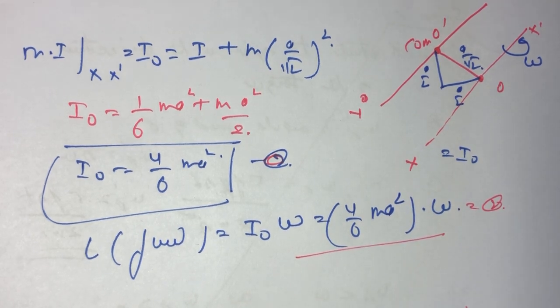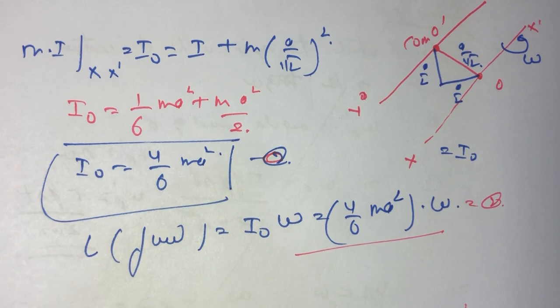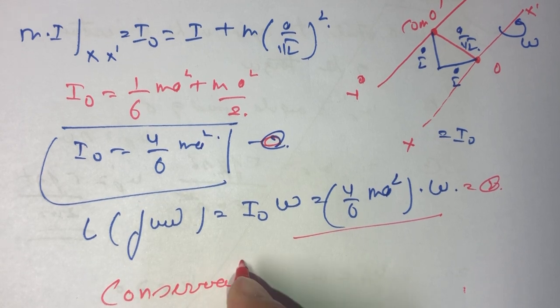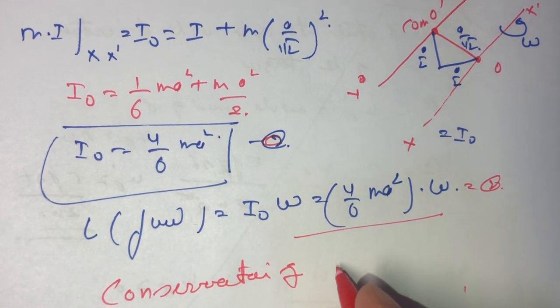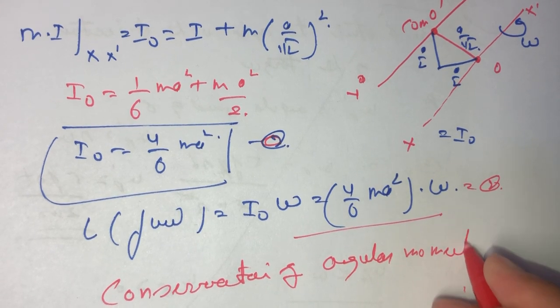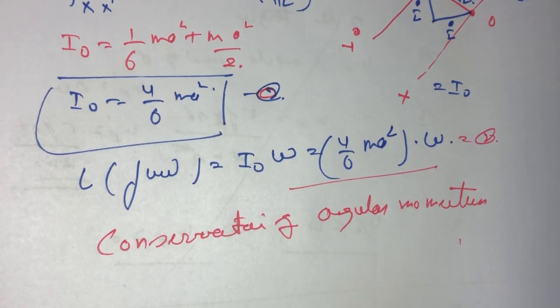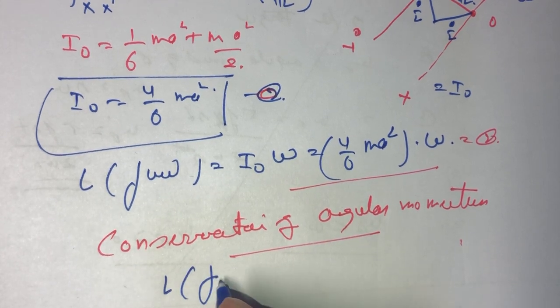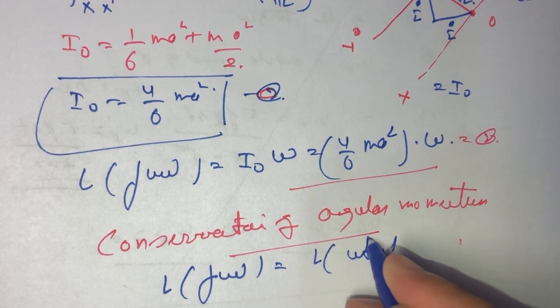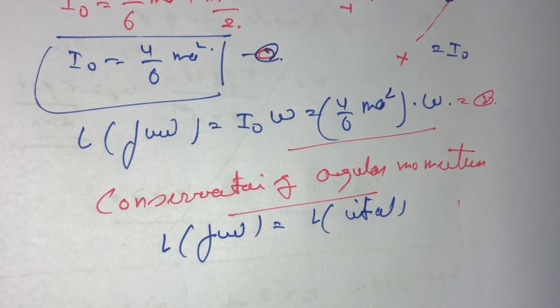According to conservation of angular momentum, L final, that is angular momentum final, will be equal to angular momentum initial. So we can use equation 1 and 2.